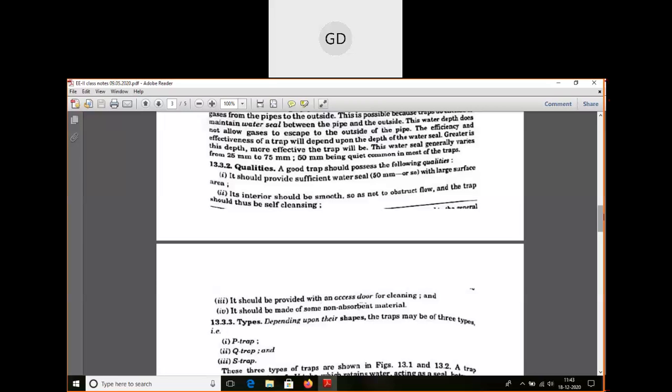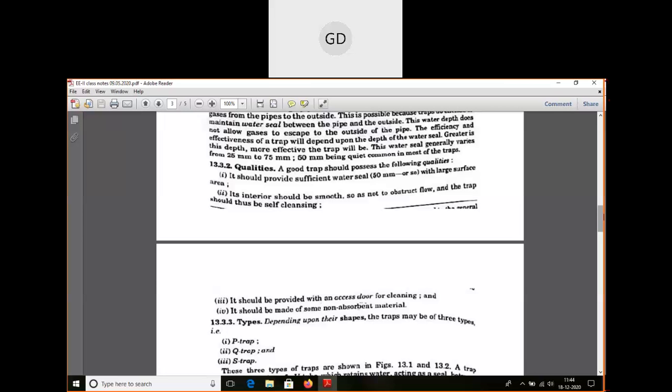Then number two is its interior. It should be smooth so as not to obstruct flow, and the trap should thus be self-cleansing. So again, the interior of the trap should be smooth enough, and it should develop self-cleansing velocity.